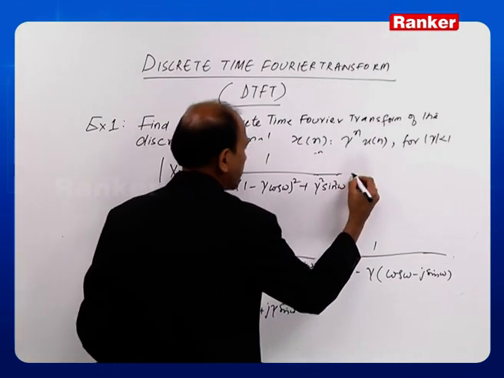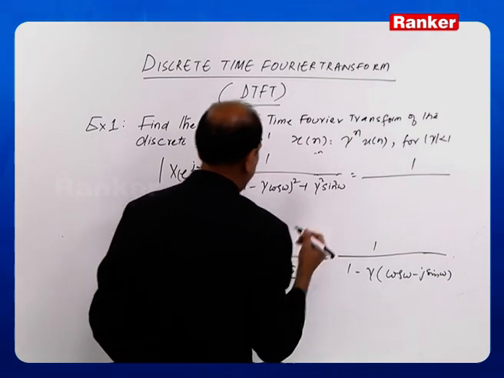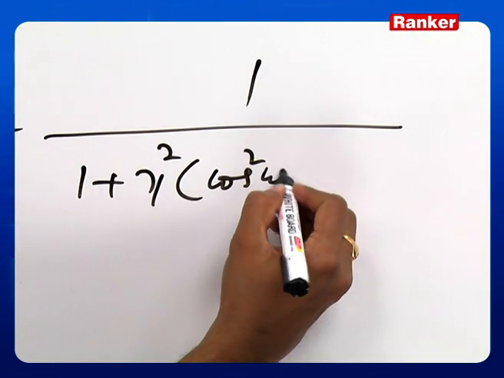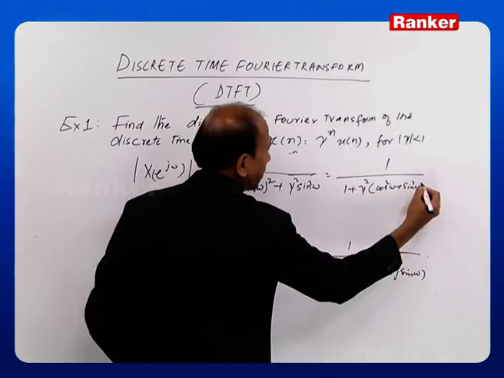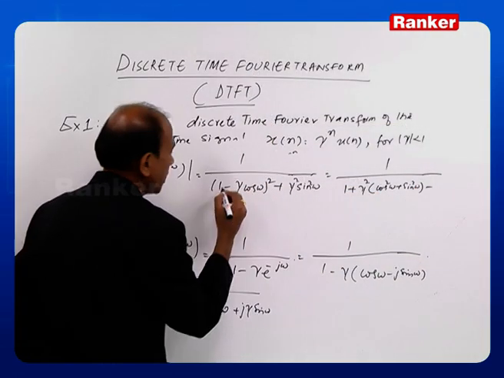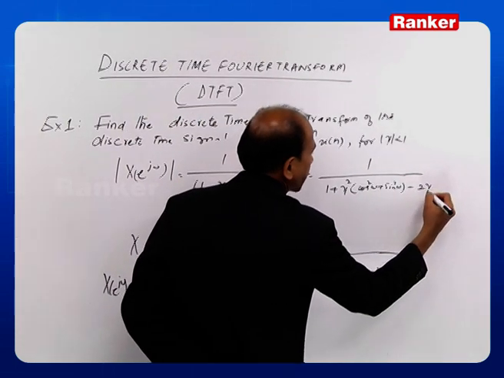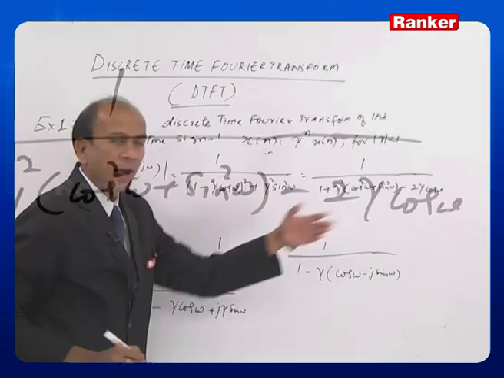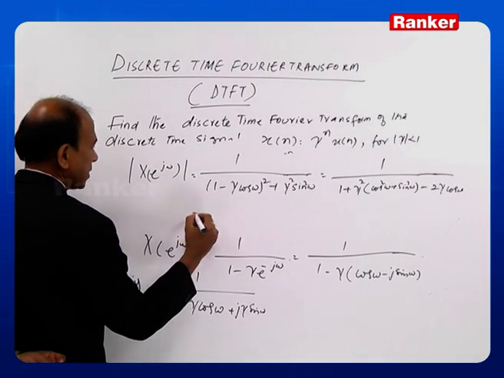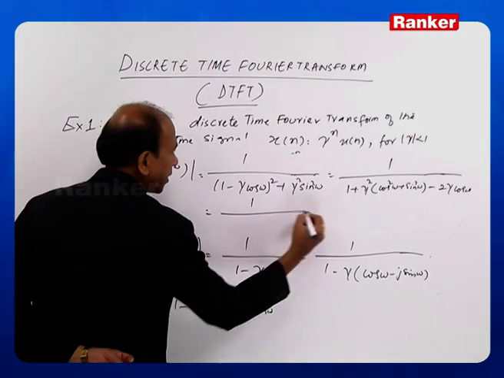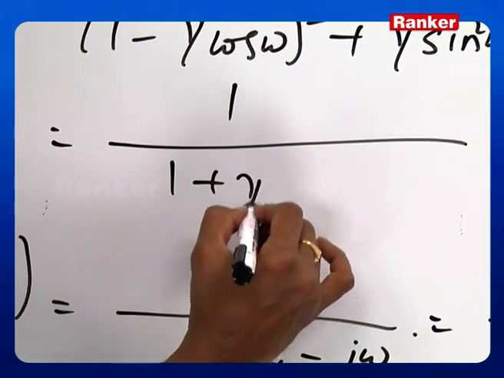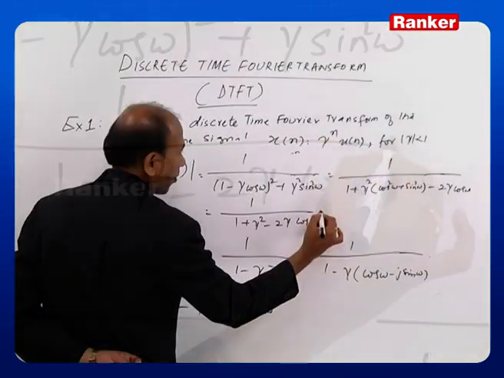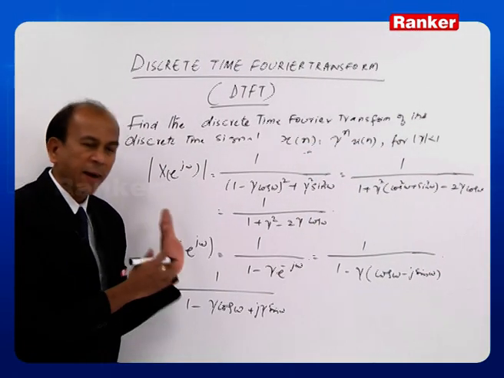So, this I can write as 1 by the square root of 1 plus gamma square into cos square omega plus sin square omega, minus 2 gamma cos omega. Again, you can write that as 1 by the square root of 1 plus gamma square minus 2 gamma cos omega. Okay, this is the magnitude.